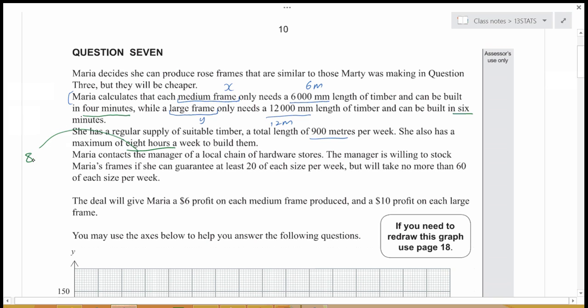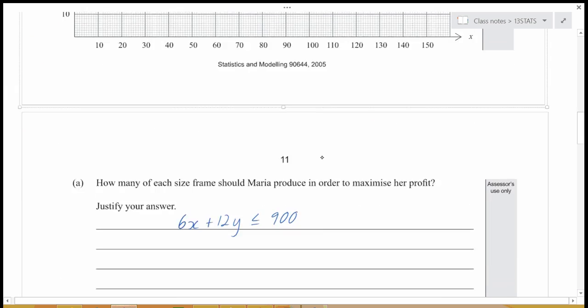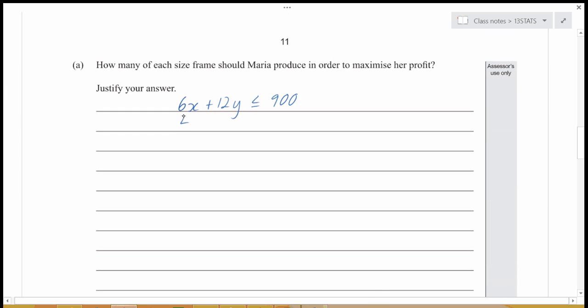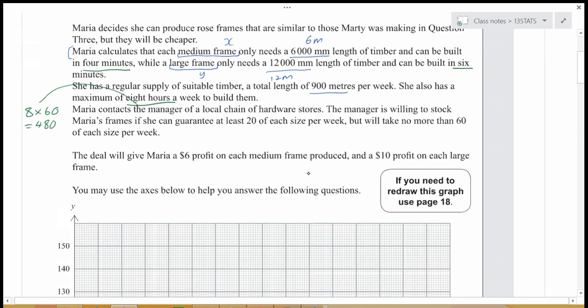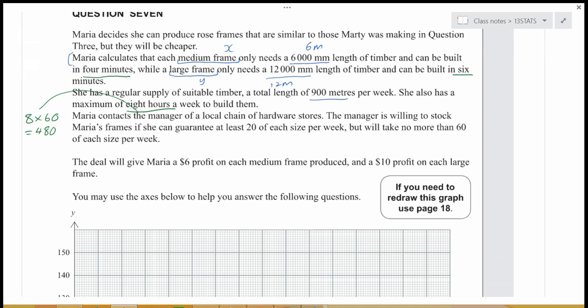So 8 hours we'll have to multiply by 60 to get into minutes, and that comes out as 480. So for those constraints we're going to have 4X plus 6Y less than or equal to 480. Less than or equal because 8 hours, or 480 minutes, is all the time we've got.